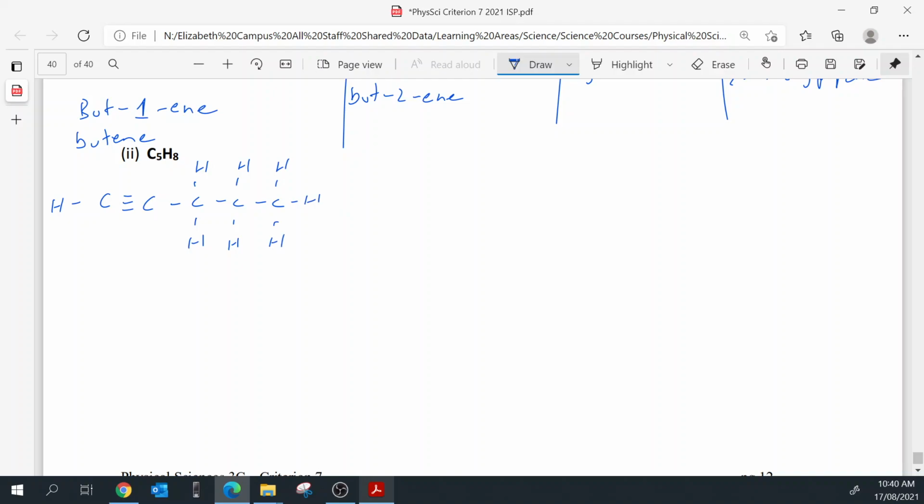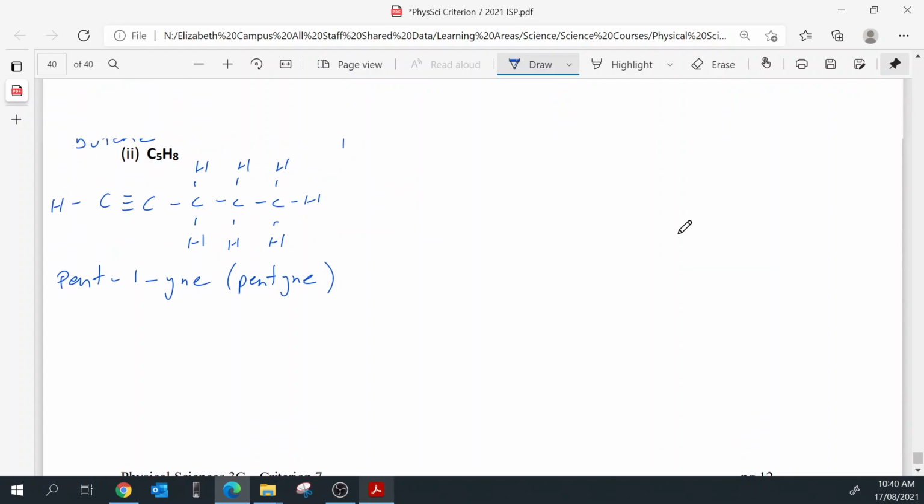Okay, and the name for this one will just be Pent-1-yne, or just pentyne. You can just say pentyne as well. Okay, Pent-1-yne.